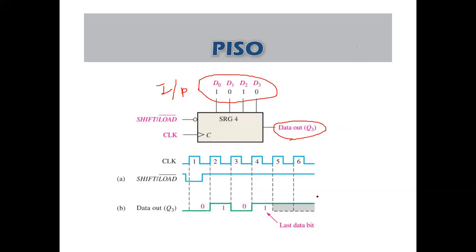I'll apply the inputs simultaneously, but I'll get the output one by one, one after the other. See, here the data is applied in parallel, but the output is taken in a serial way.